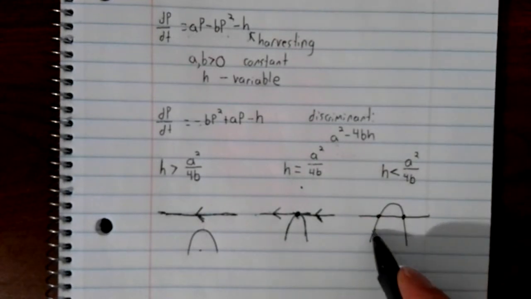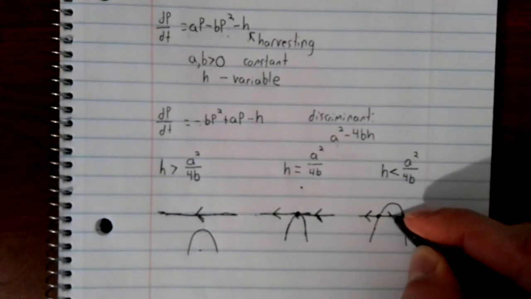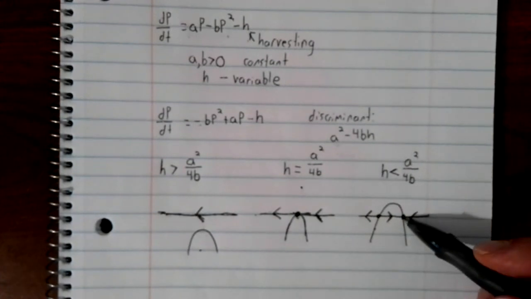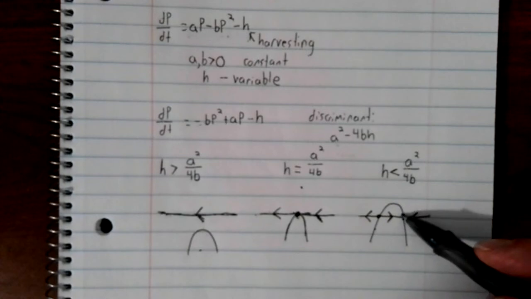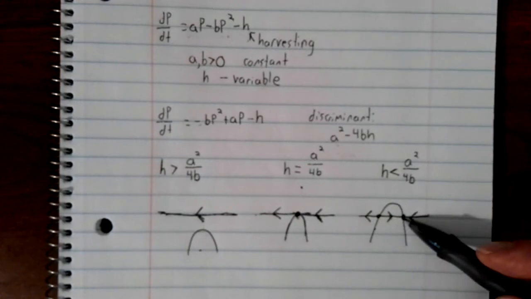This fixed point is unstable, but this fixed point is asymptotically stable, and the fish population is now sustainable. It will remain near here. If random perturbations take it off this fixed point, the asymptotic stability will pull it back.